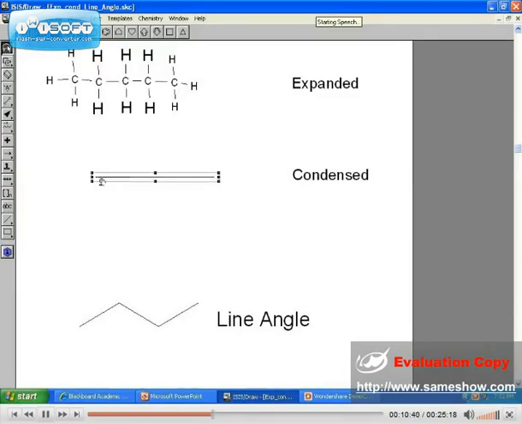The problem is if we removed all of the carbon and hydrogen bonds, then we wouldn't be able to tell where the carbons are at. So instead, what we do is we sketch it at an angle. So we call this the line angle structure.